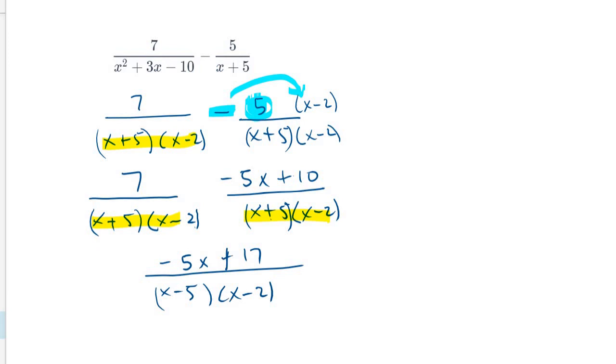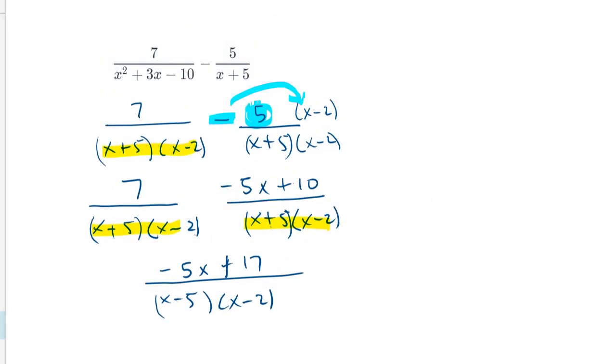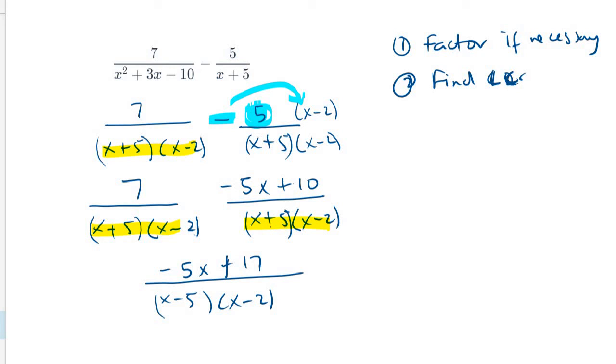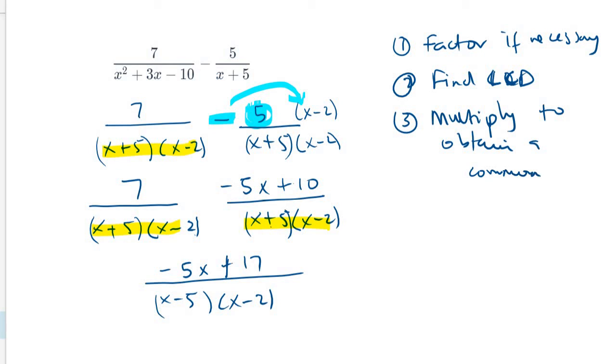So basically, adding and subtracting rational expressions is not really too hard if you follow these steps. 1, you will factor if necessary. 2, you will find the LCD. 3, then you will multiply the numerators such that you get the same LCD, a common LCD.